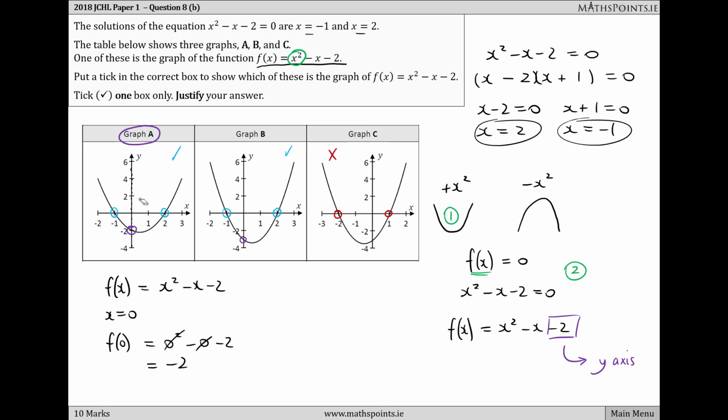That narrowed it down to A or B. The final check was the term independent of x, or letting x equals 0 in the function and getting an output of minus 2, the place where the curve cuts the y-axis. This led us to graph A being the graph of the function f of x equals x squared minus x minus 2.